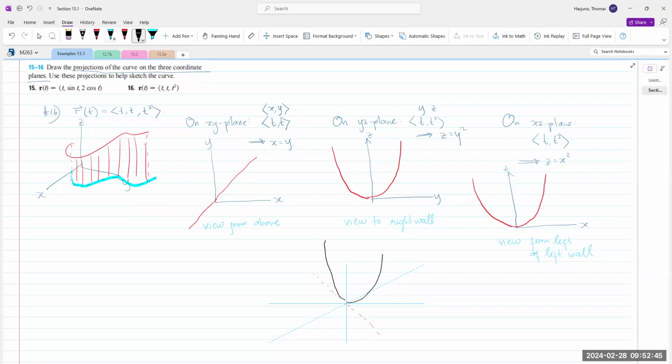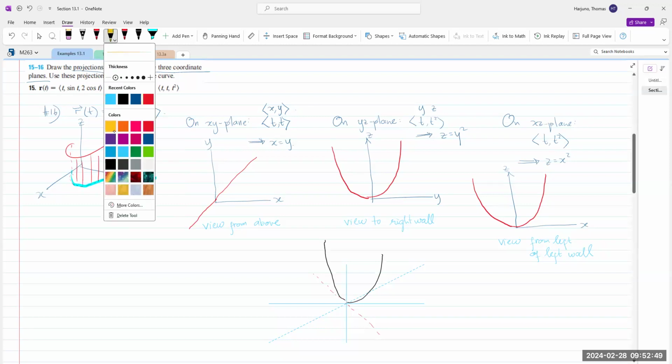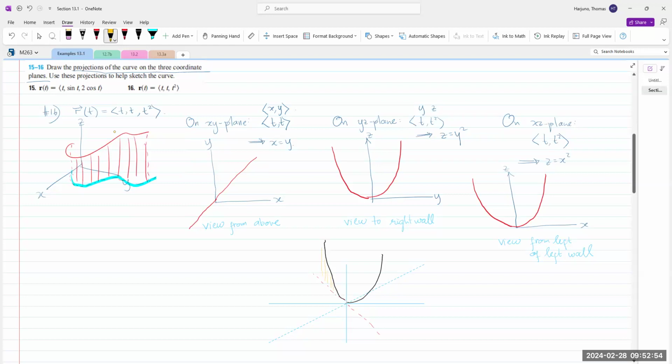Let me help with a little shadow. Like when I do the little shadowing, it looks like this. Okay.